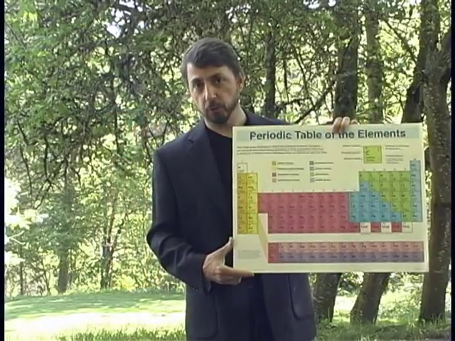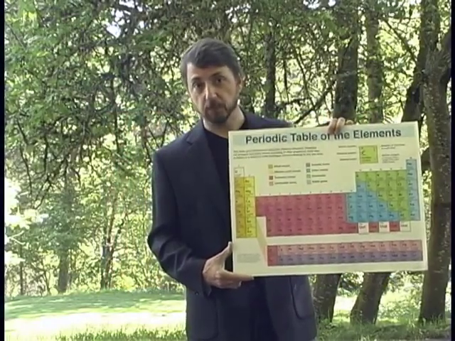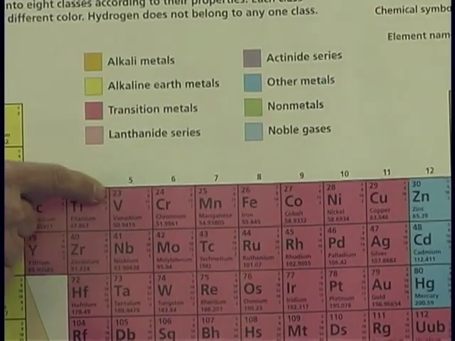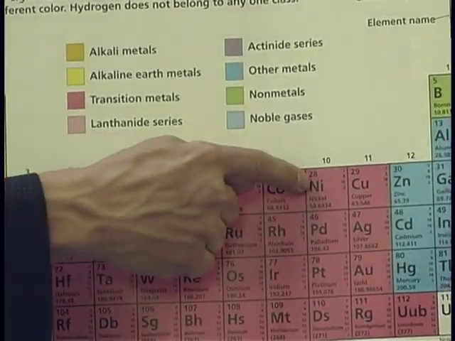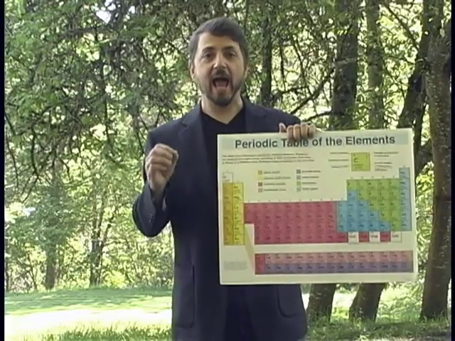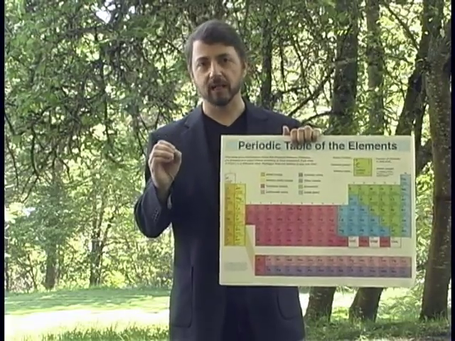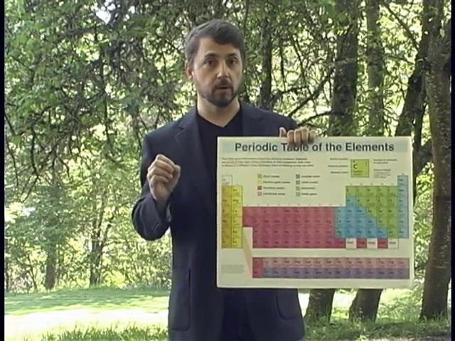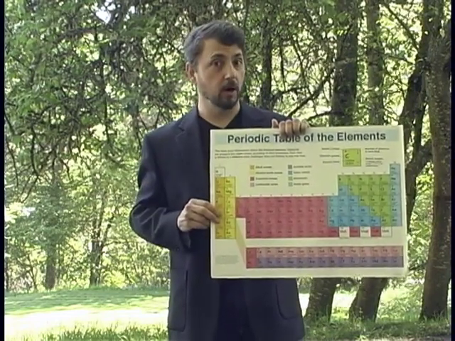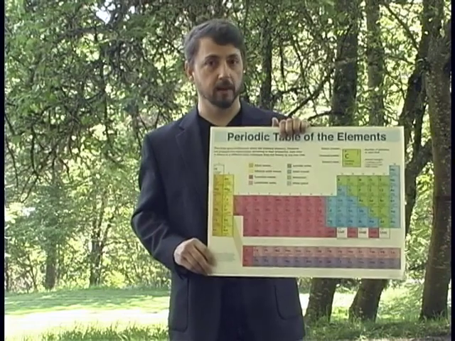You also know that the progressive numbers in each box, 23, 24, 25, 26, 27, 28, and so on, indicate how many protons are in each element's atom. This number is called the atom's number, or the atomic number, also called the proton number.